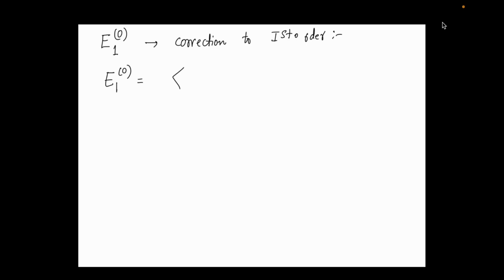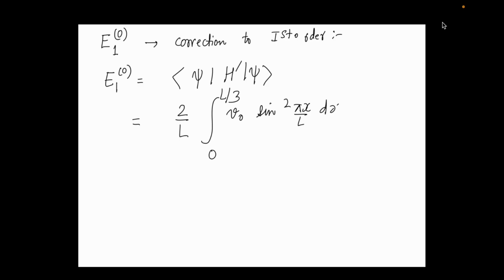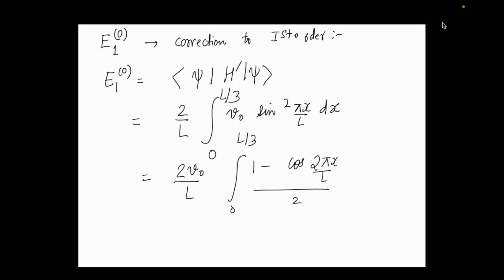This would be nothing but the expectation value of H prime in the state psi, which is simply the integral, where the potential is non-zero, from 0 to L by 3, of V naught times sine squared pi x by L dx. So that is 2 V naught by L times the integral of (1 minus cos 2 pi x by L) by 2, from 0 to L by 3.